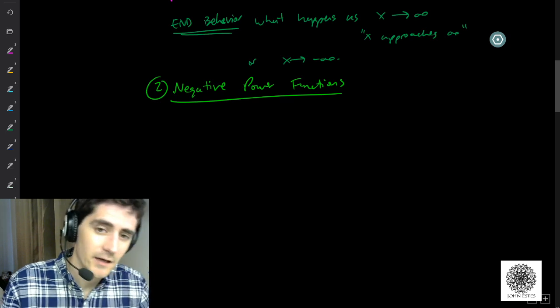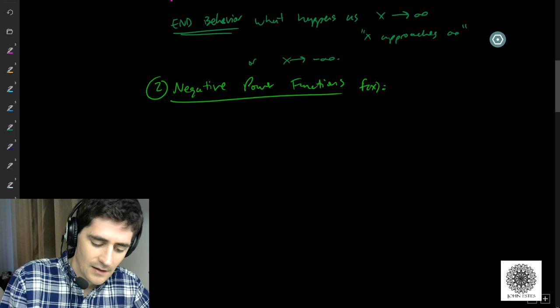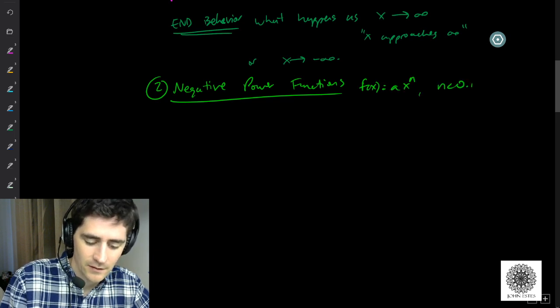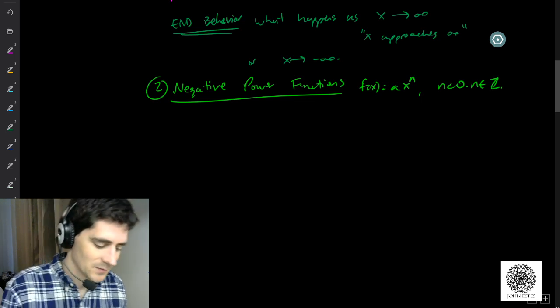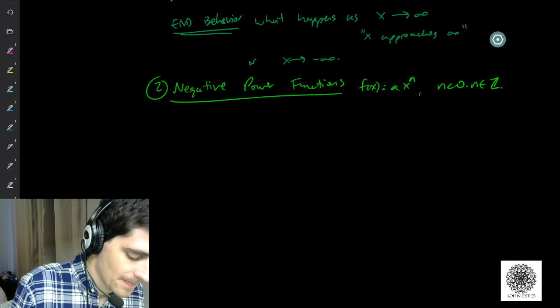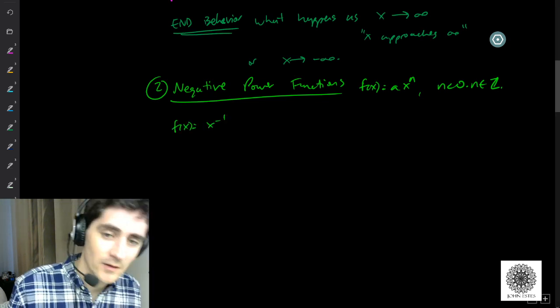So this time for negative power functions, I have something that says a x to the n, but here n is less than 0, and we do want to stay in the integers. Okay, so here I have something like, what could I say? How about x to the negative 1 power?